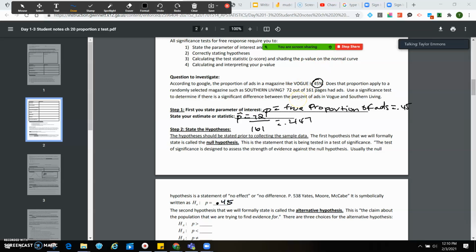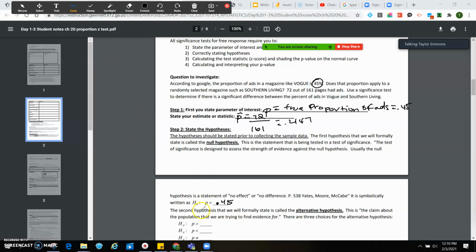The second hypothesis that we will formally state is called the alternative hypothesis. So that's the claim about the population that we're trying to find evidence for. There are 3 different choices for the alternate hypothesis, but we're basically going to say for this one that it is not equal to 0.45.